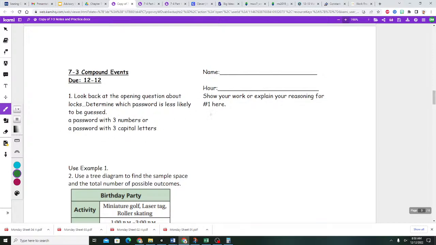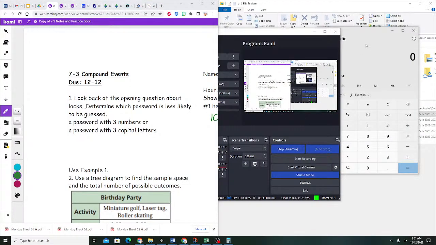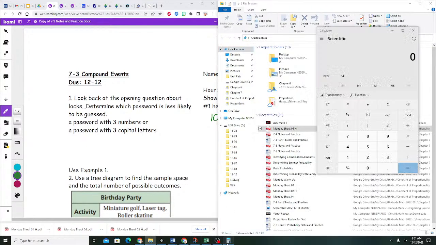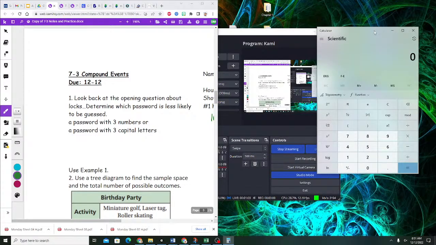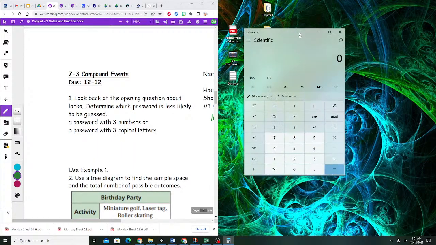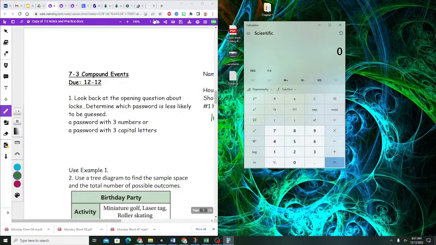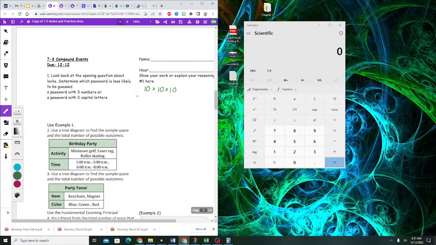Our sample space for 3 numbers is 10 times 10 times 10. And our sample space for 3 capital letters is 26 times 26 times 26.